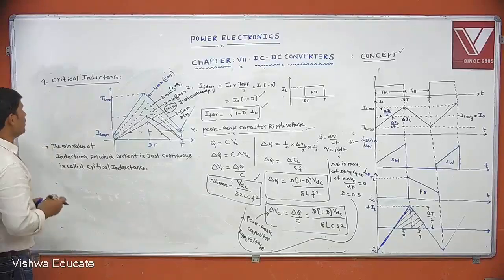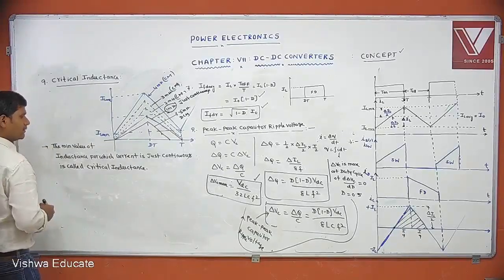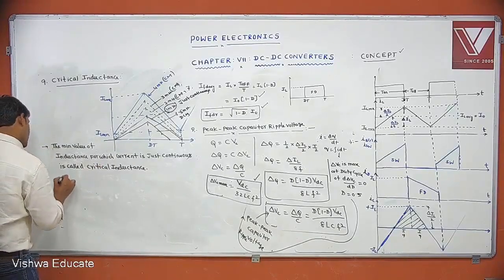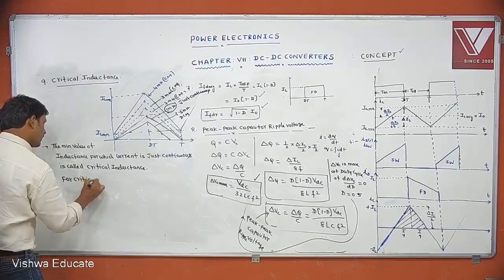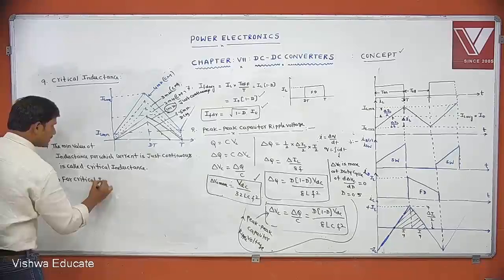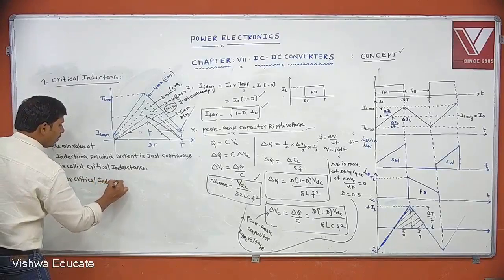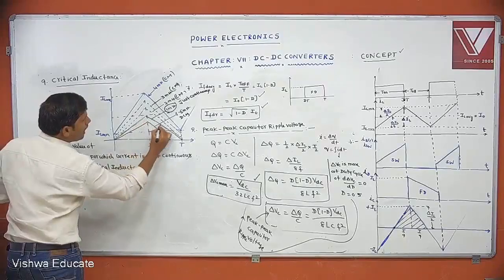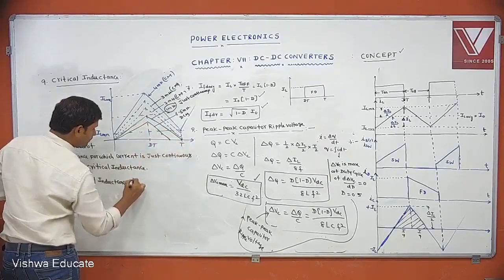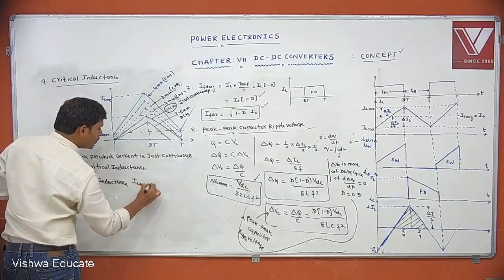That means, how to calculate critical inductance? At critical inductance, IL minima falls to 0.